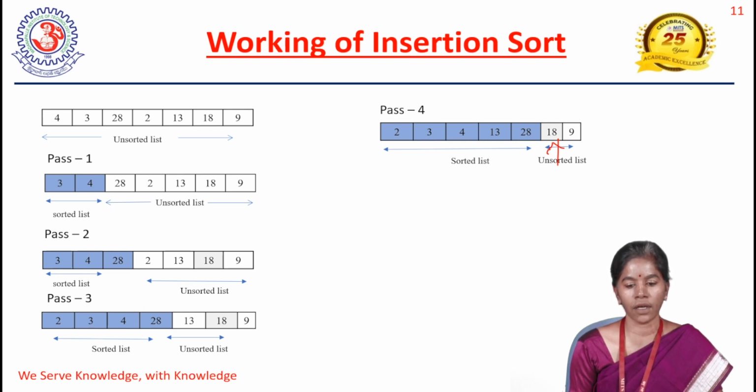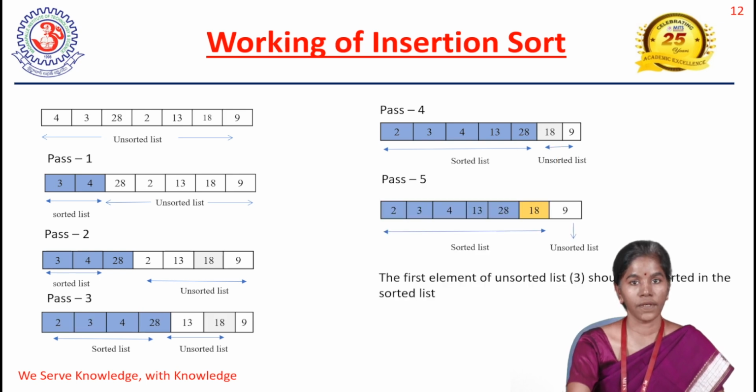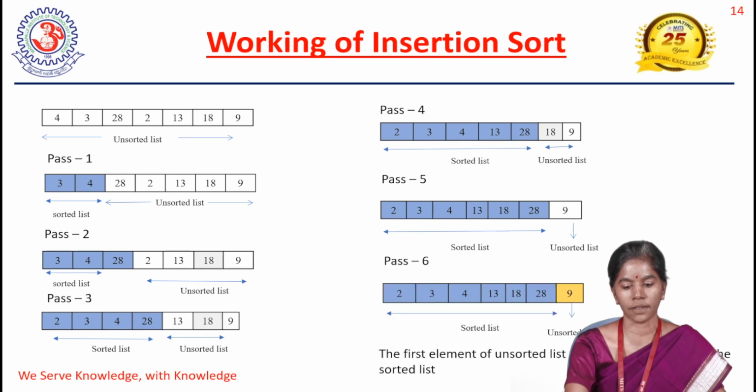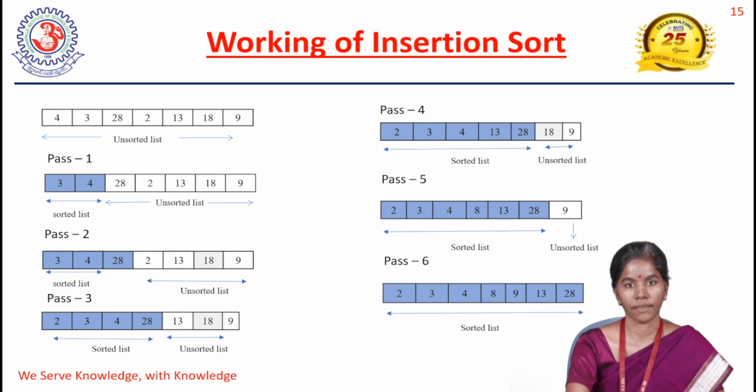In the fifth pass, the first 5 elements are sorted and only one element is left in the unsorted list. It has to be inserted into the sorted list, which is pass 6. So all the elements are sorted here.